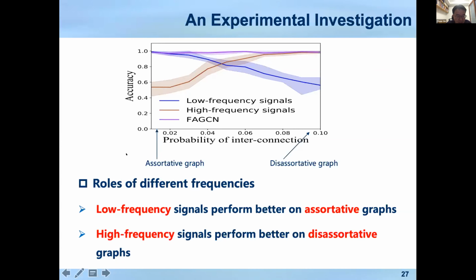This experiment shows that the different frequency has a different role for GNN. Specifically, the low frequency signal performs better on assortative graphs, and the high frequency signal performs better on disassortative graphs.